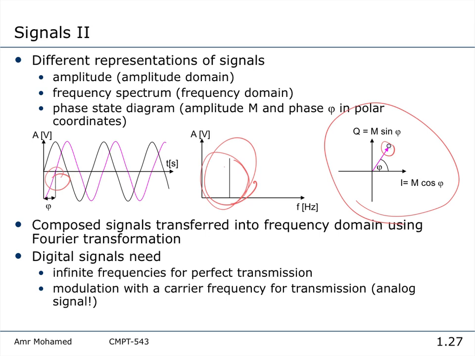This point, the distance to the 0 axis represents the amplitude. And this angle represents the phase. That's it. We don't represent the frequency in the IQ diagram. That's why it's called the phase diagram or IQ diagram.